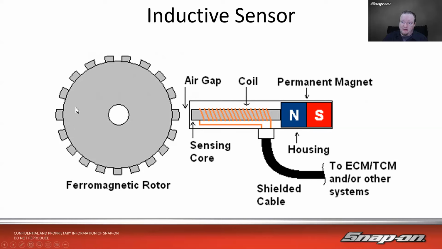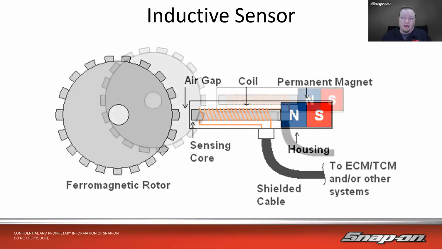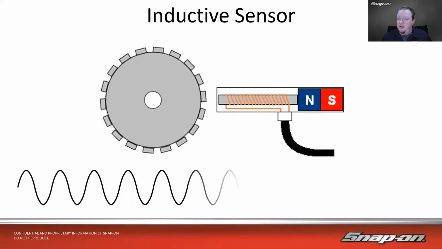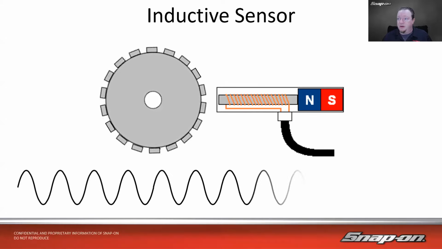As this ferromagnetic rotor goes by, which means it's got iron in it, ferro is iron, it's going to induce a current into this coil, which will then send a signal down the shielded cable to the module. So as it spins, you're going to get the up and down little sine wave action going on.